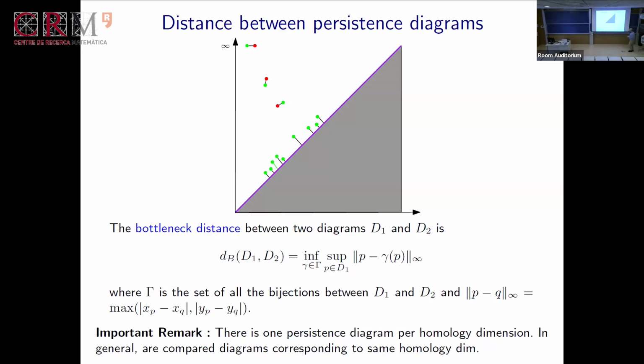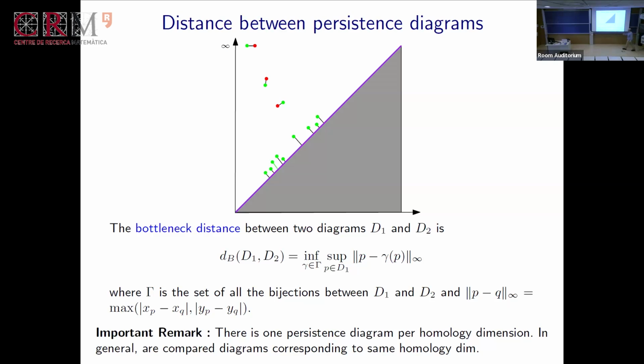Another way to define it is just to say that you add to each persistence diagram the diagonal as an infinite set, where all points on the diagonal have infinite multiplicity. And now, when you take two diagrams, they are both infinite with a cardinality of R. So you have many bijections between them.